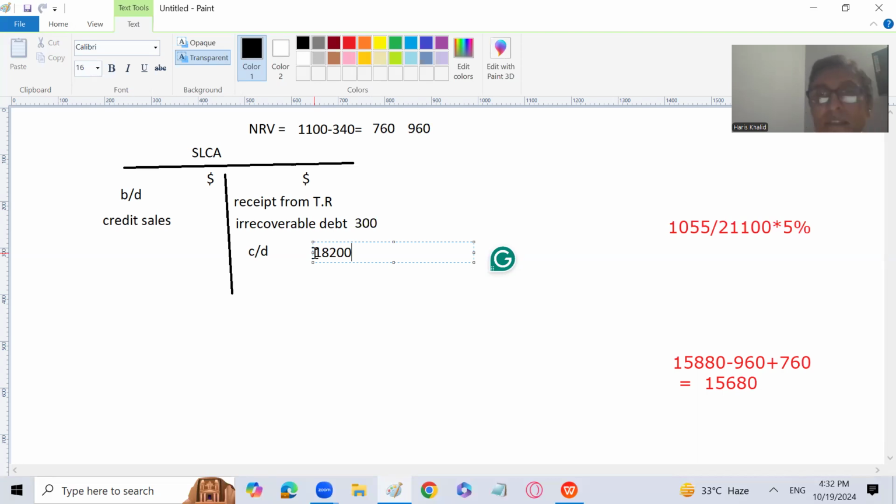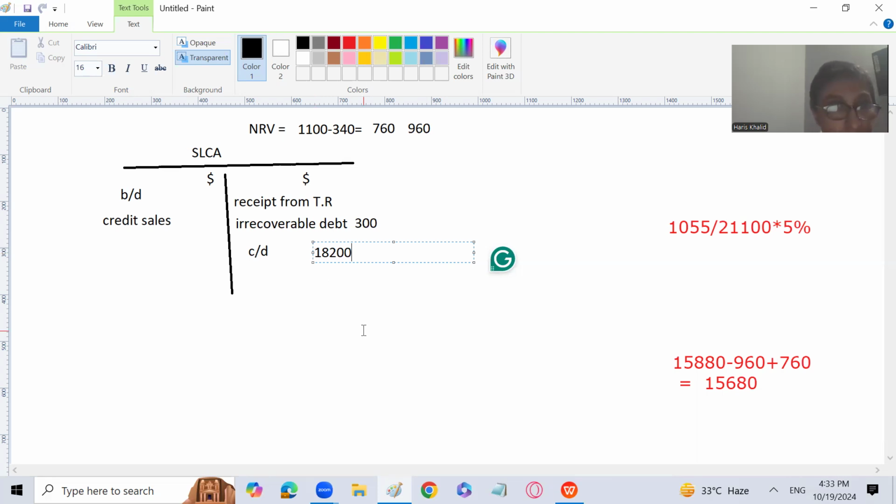So when you pass the entry, bad debts debit or irrecoverable debts debit and trade receivable credit, trade receivable is going to be credited because of irrecoverable debts and it is not yet subtracted from the carried down. So it will be recorded as an expense also, but it needs to be subtracted from the closing trade receivable to find the amount of credit sales, right?